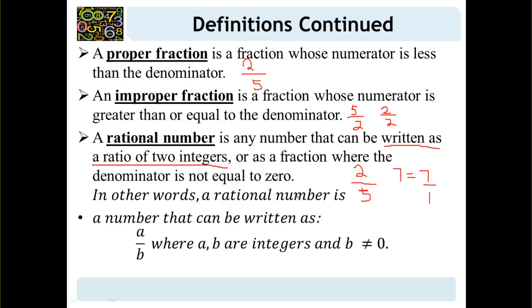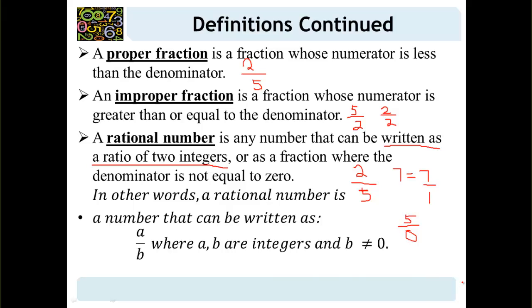That means 7 is also a rational number. So a rational number is a number that can be expressed as a ratio of 2 integers. We will soon get to what we know as integers. Now, one condition here is that the denominator should not be equal to 0. Assuming you see a fraction like this, 5 over 0.